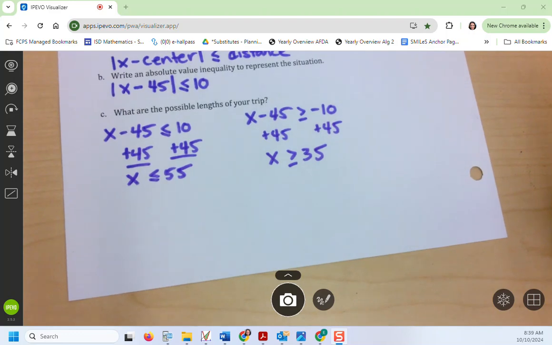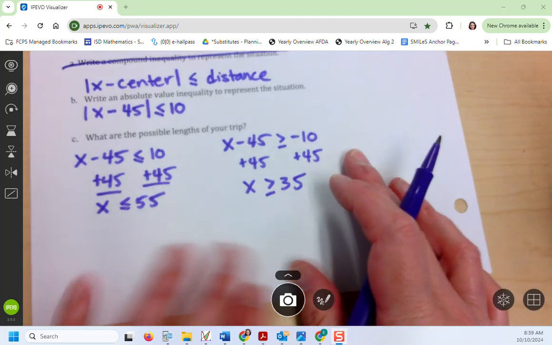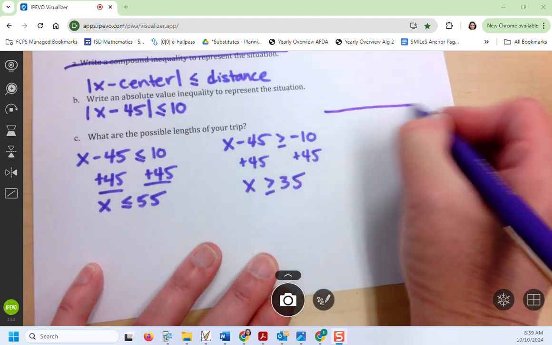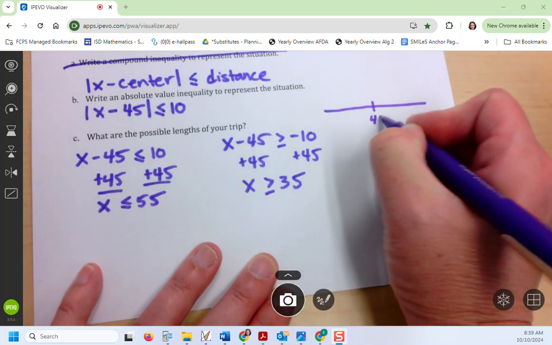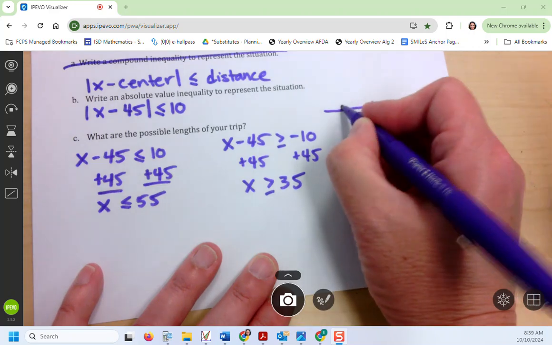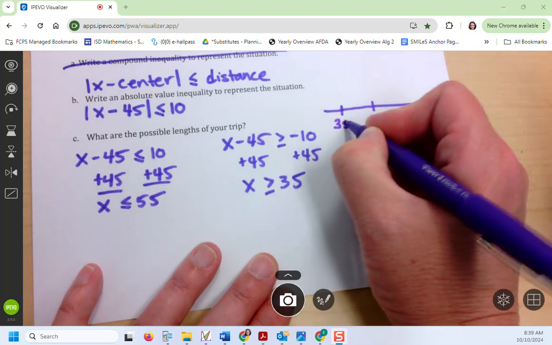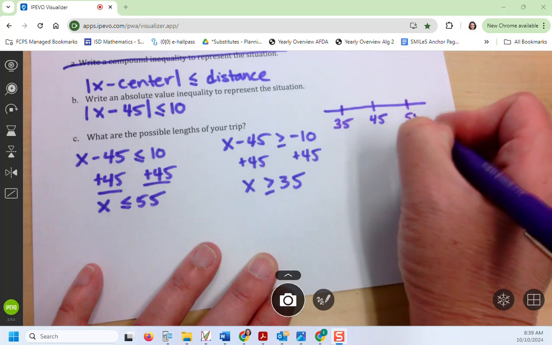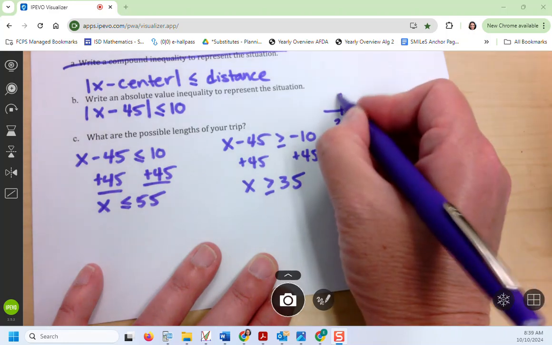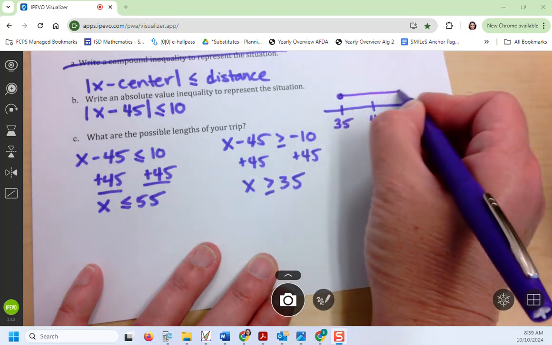Can you do a number line for it? Sure. Yeah, the number lines can be helpful in just interpreting what you're looking at. So we know 45's in the middle. And you can make 10 little lines if you want, but I'm just going to tell you here's 35 and here's 55. And so our time range is going to be between 35 and 55 minutes.